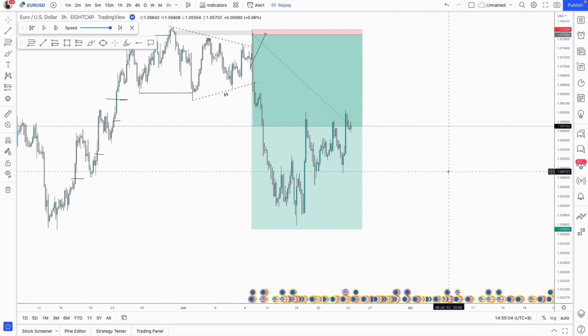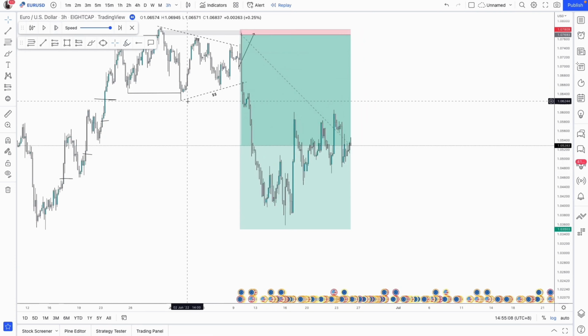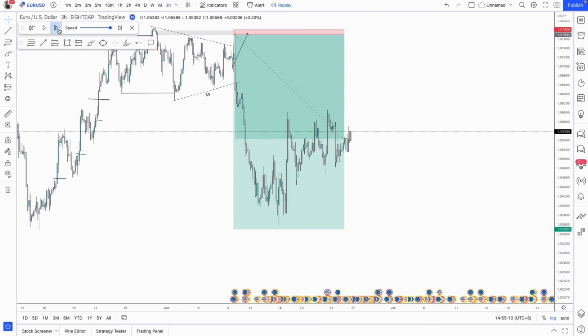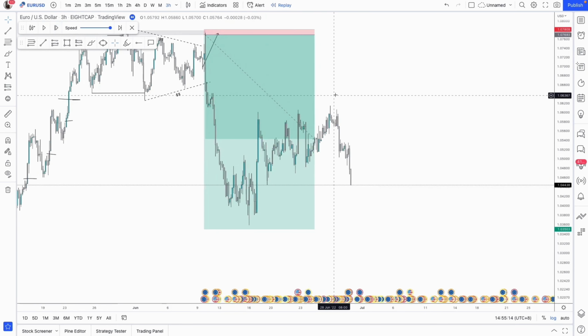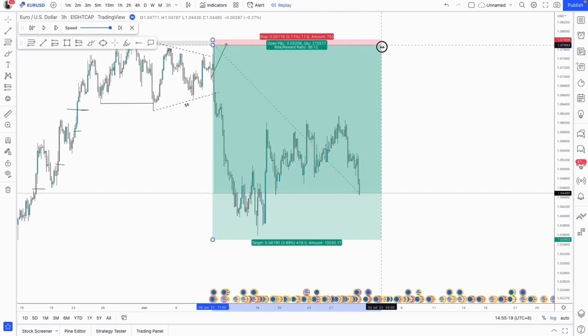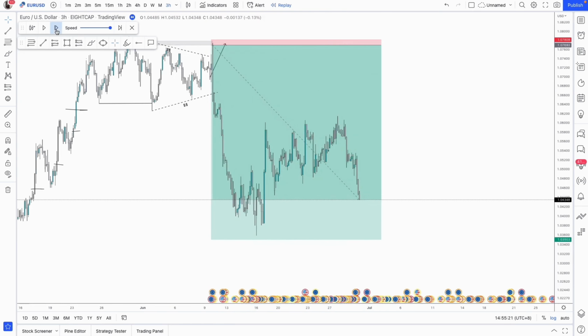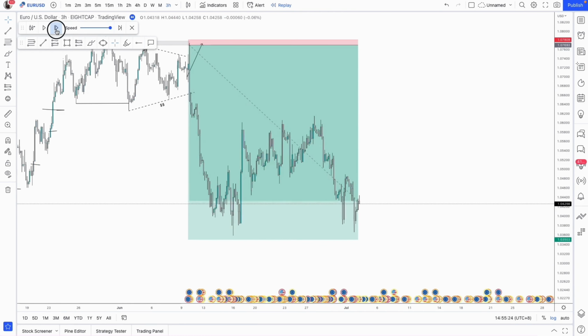What matters is that at some point they do get taken out. That's why we take partials at the most logical areas and then leave the rest on, kind of emotionless, because the last thing you want is to see price running in profit, then pulling back on you and giving your money back to the market. It's not good for psychology. Taking profits is a very healthy thing to do, and you'll never go broke taking profits.